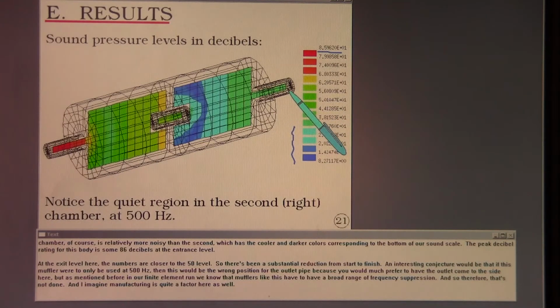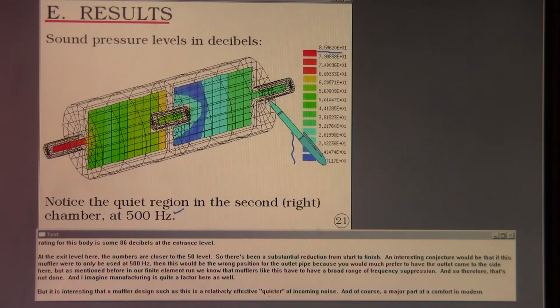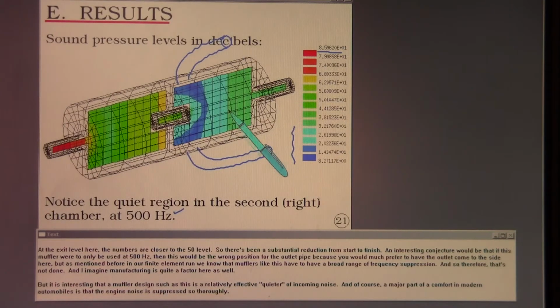An interesting conjecture would be that if this muffler were to only be used at 500 hertz, then this would be the wrong position for the outlet pipe, because you would much prefer to have the outlet come to the side here. But as mentioned before in our finite element run, we know that mufflers like this have to have a broad range of frequency suppression.